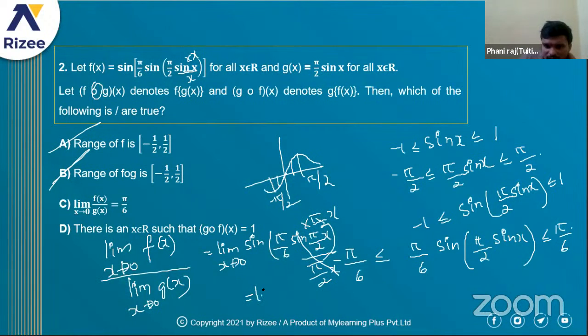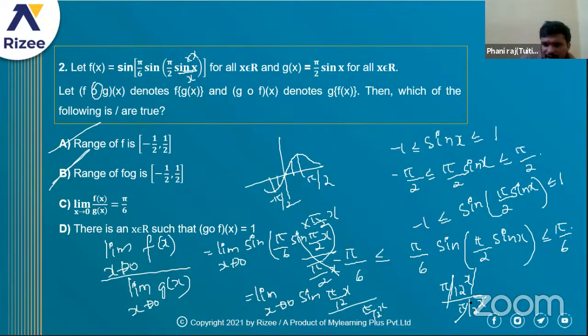So you are left with limit x tends to 0 sine of pi by 12x. Now again multiply by pi by 12x and divide by pi by 12x. So the numerator is pi by 12x. Similarly, the denominator will be pi by 2x.